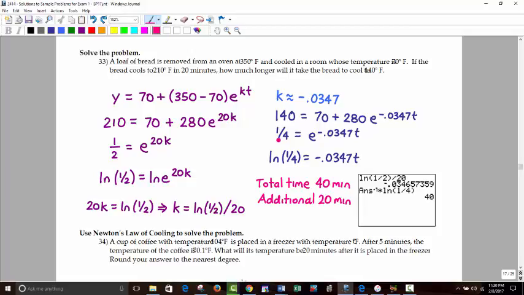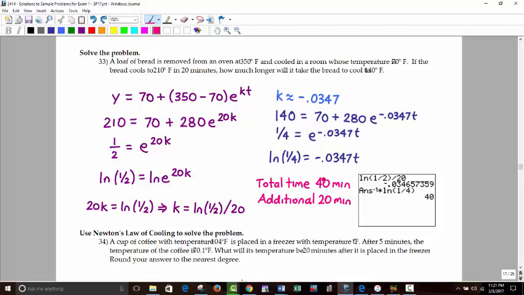Now we natural log both sides, and that kills the e. In the calculator I used all those decimals instead of rounding it. Basically that's ln of 1/4 divided by this, but using more decimal places, which surprisingly generated an exact answer, which is shocking, but usually it's a decimal answer.